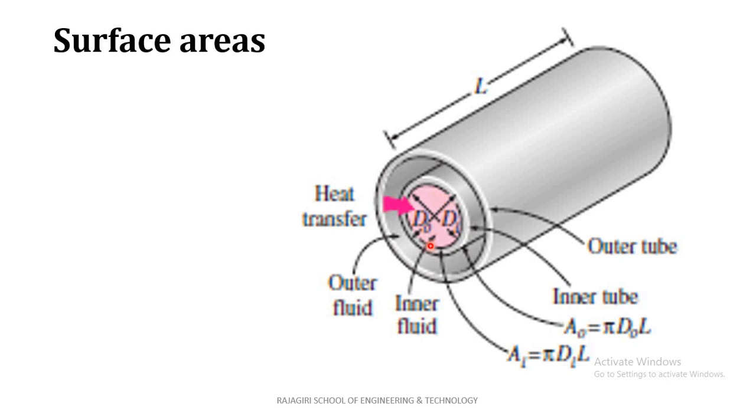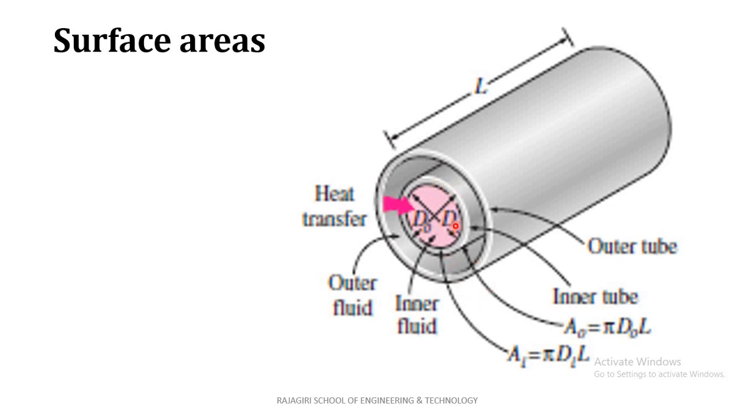The hot or cold fluid will pass through the inner side of the inside tube, and the other fluid flows through the annular space between the two tubes. So the heat exchanger areas are the inside surface area and the outside surface area of the inner tube.